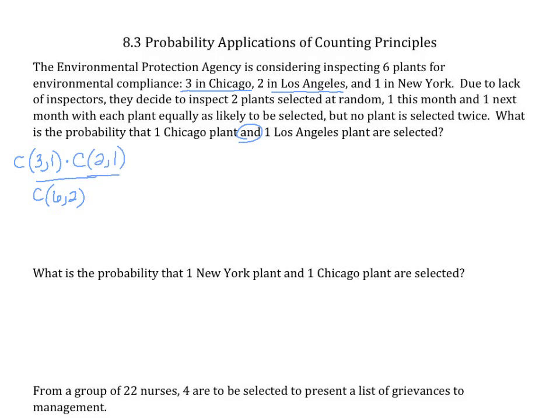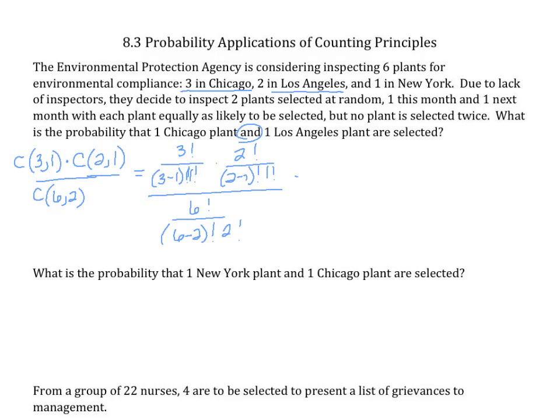So we're going to have to use our rules from last section in order to find the probability of this happening. So remember our combination rules. We'll do the whole thing all at once here. So we'll have 3 factorial over 3 minus 1 factorial, times 2 factorial over 2 minus 1 factorial, all over 6 factorial over 6 minus 2 factorial, 2 factorial.